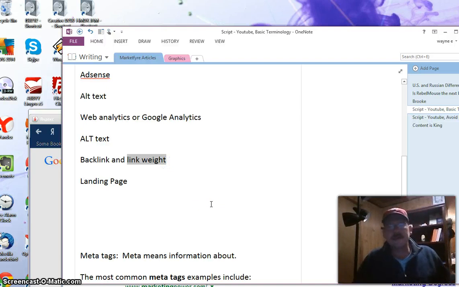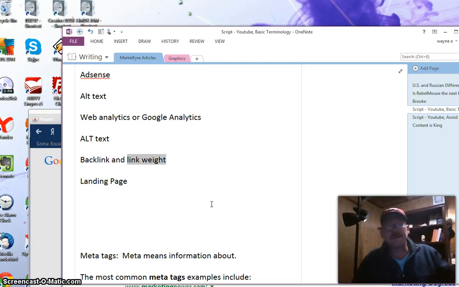So if there's a site that specializes in search engine optimization, and you have a website on marketing that includes search engine optimization, and they're very popular and they have a lot of traffic, the weight of that link is more important. And what happens then is that increases you in your search results.